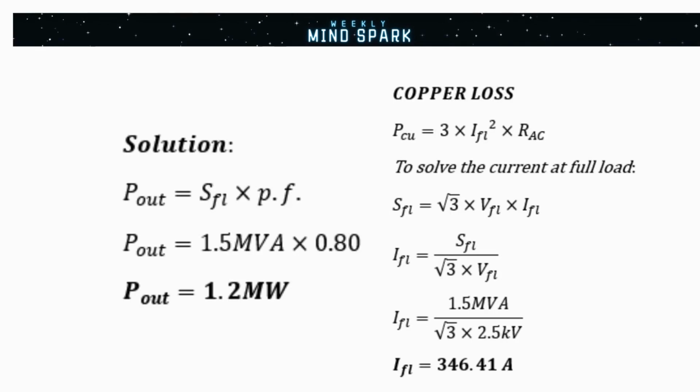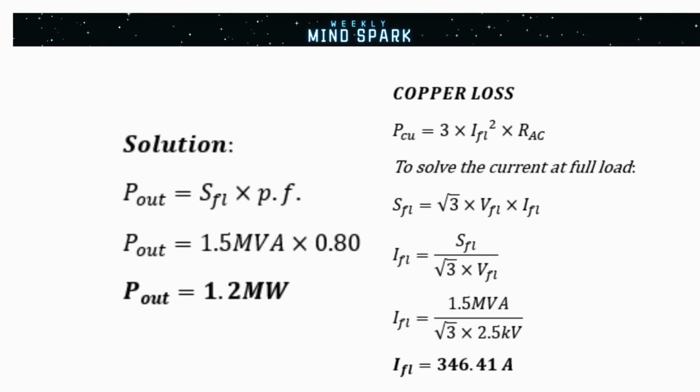Okay, this part of the solution is calculating the output power, or the P out, and the copper loss, or the PCU, of the alternator. To get the P out, we need to use the formula P out is equal to SFL times PF, where SFL is the full load apparent power of the alternator, which is given as 1.5 megavolt ampere.